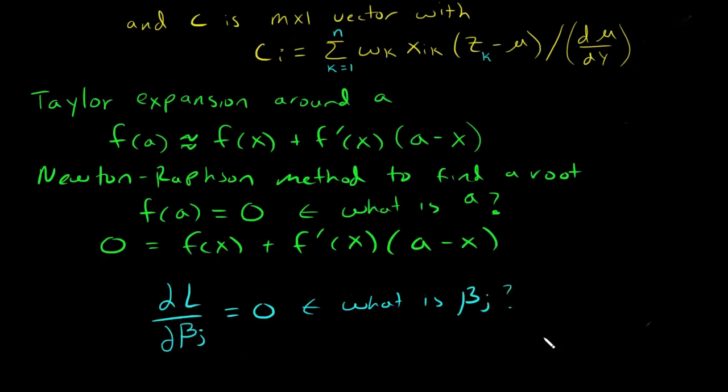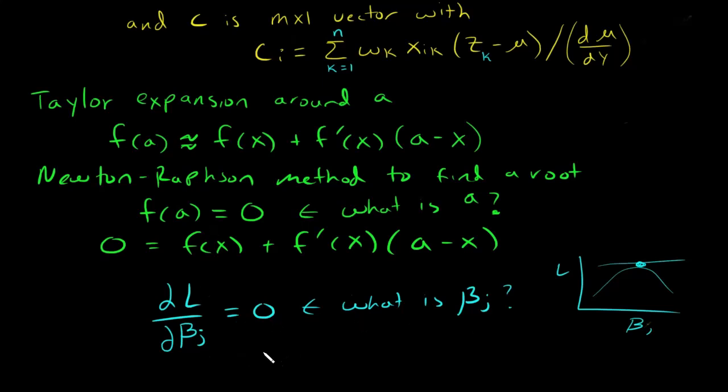That's basically what maximum likelihood is. Remember, if we have our likelihood function, we have beta over here, we want to find where the derivative equals 0 because that's where the max happens. So you set the derivative equal to 0 and solve. In this case, we can't solve it in closed form, so we're looking for some sort of iterative method, and that's where this comes into play.